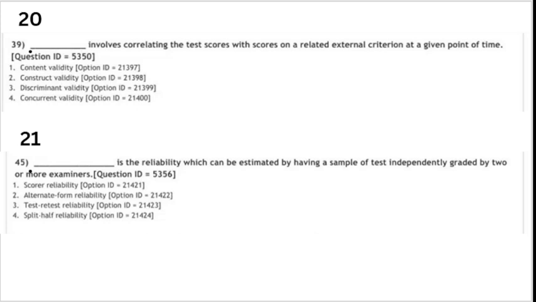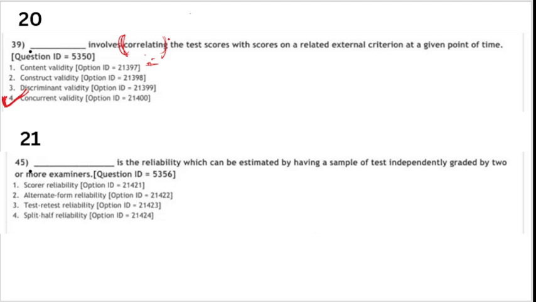Okay, then a lot of you have answered, and most of you have answered correctly. It is concurrent validity. It's not construct validity, it's concurrent validity. Why? What are we doing here? It is not content validity, because it is clearly stating that we are correlating the test score. We are not looking at whether the construct is correct, whether it measures what it intends to measure.